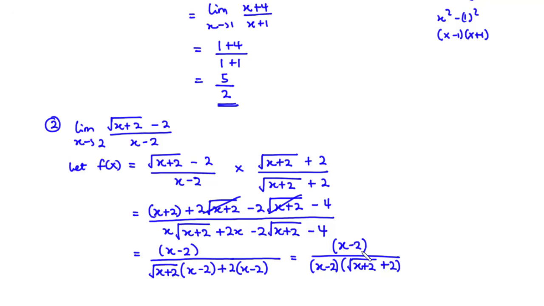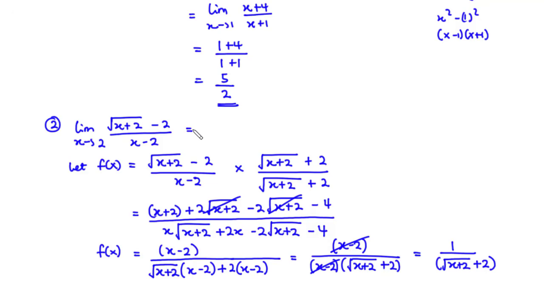Now x minus 2 cancels out x minus 2, and then we are left with 1 over the square root of x plus 2 plus 2. So this is the simplified form of f of x.